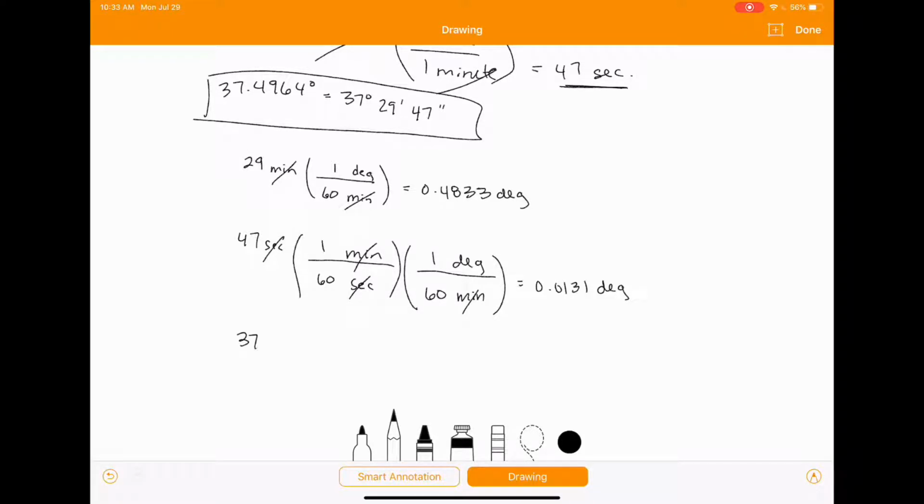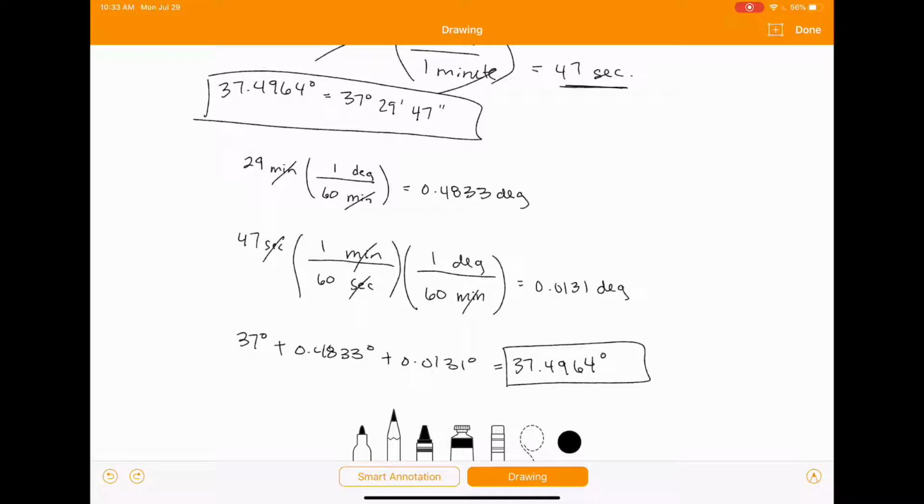So now we have everything in degrees and we can just add all of those things together. So we've got 37 degrees plus 0.4833 degrees plus 0.0131 degrees. And when you add all of those up, you get 37.4964 degrees, which is good because that's what we started out with in the first problem anyway.